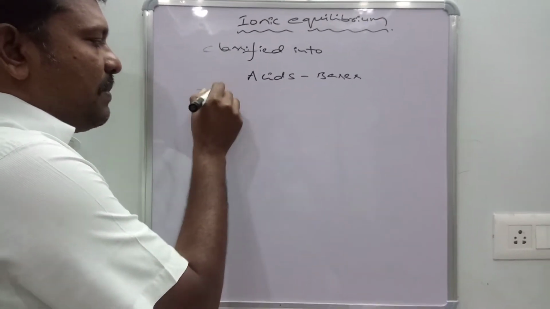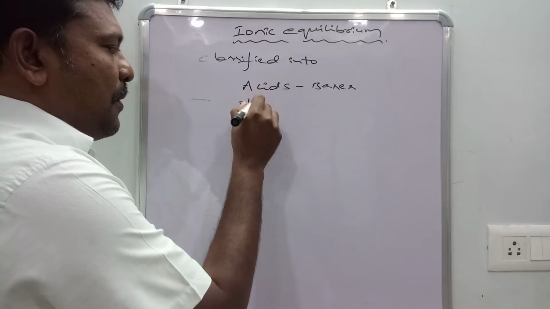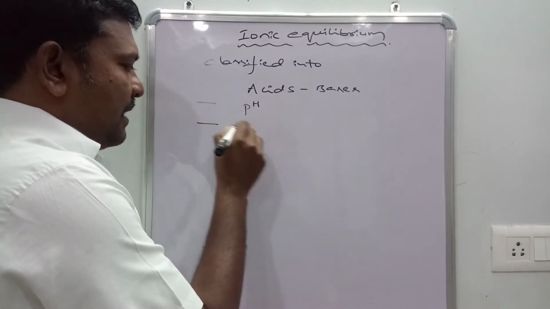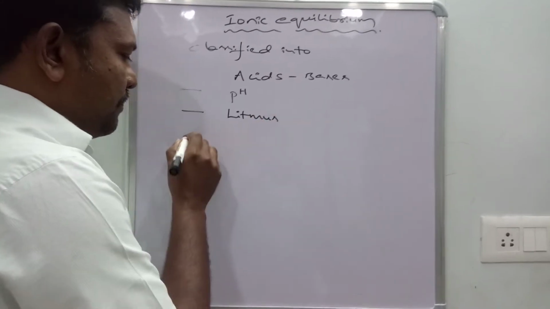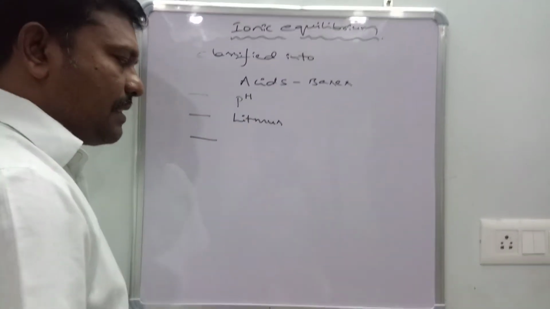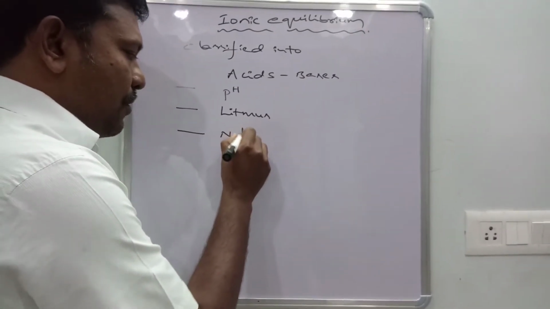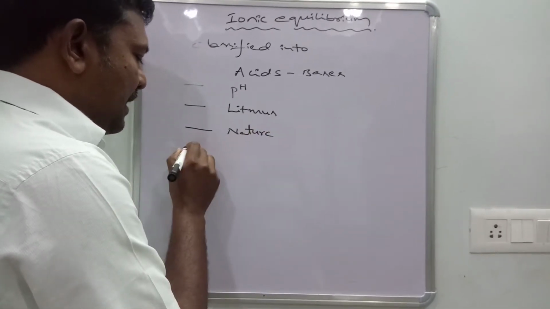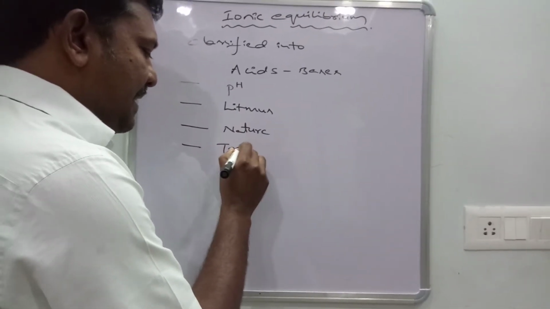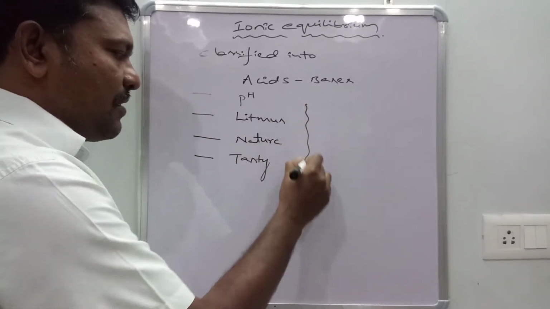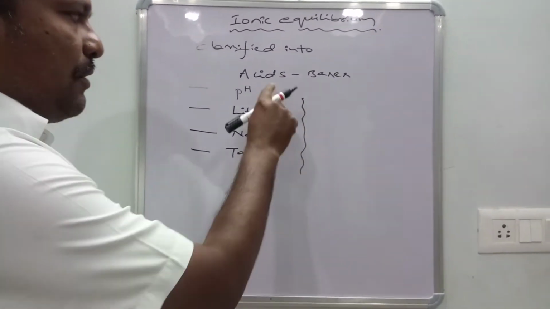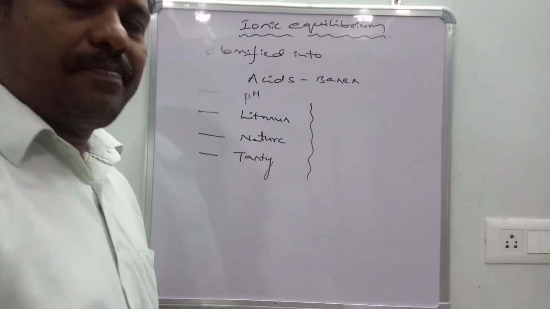The first one is by pH, the second is the litmus test, the third is nature, and the fourth is taste. By the preliminary characters you can classify the compounds into acids and bases.